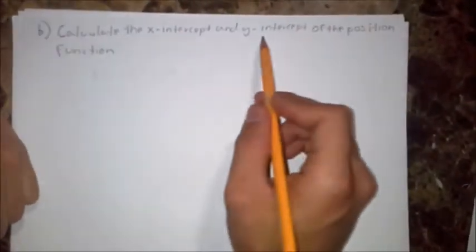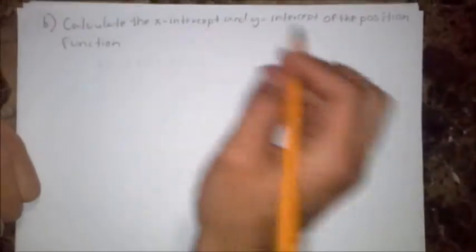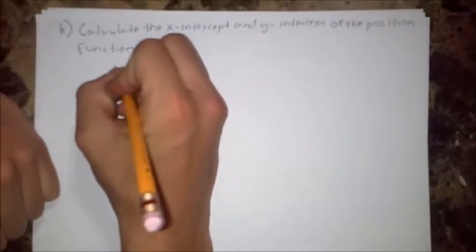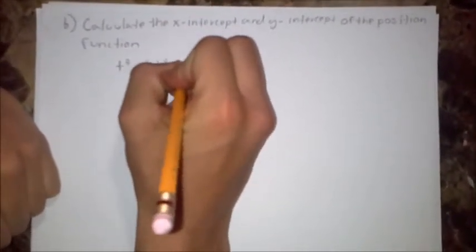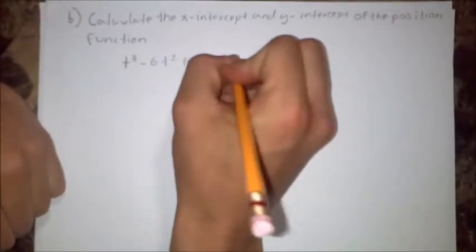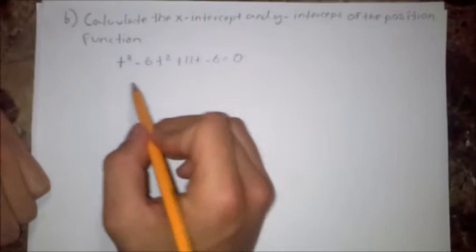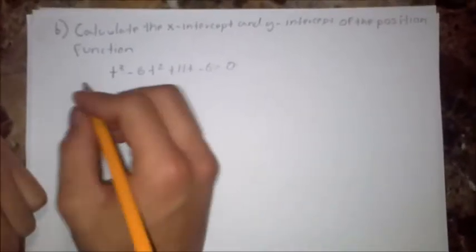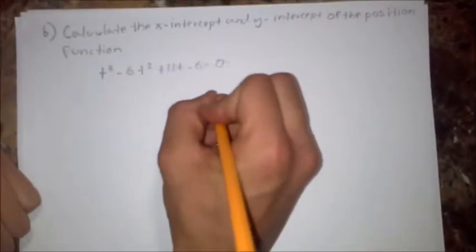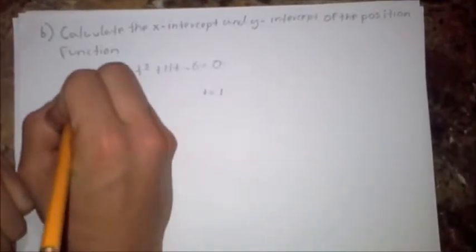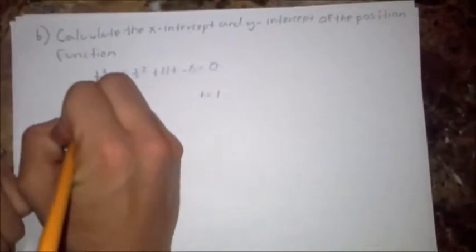Calculate the x-intercept and y-intercept of the position function. This is our function: t cubed minus 6t squared plus 11t minus 6 equals 0. We first need to factorize this function. We are going to use t equal to 1, because we see it in the graph.